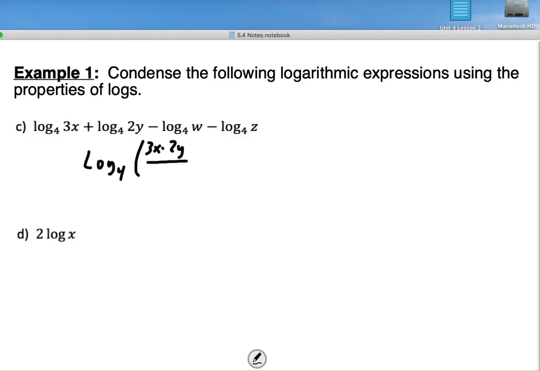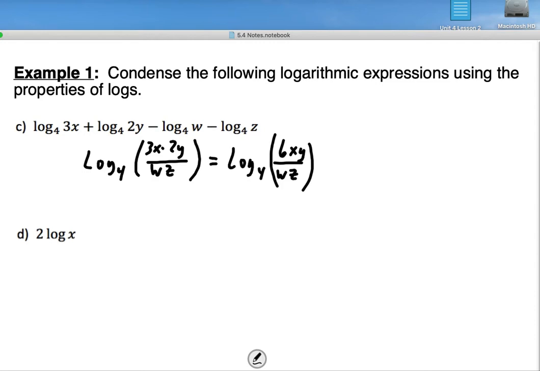And then down the denominator, it's a minus log base 4 of w and a minus log base 4 of z, so both w and z go in the denominator. Now I'm just going to simplify this a little bit. I'm going to multiply 3 times 2, there's 6, in the numerator. And that's as far as I can simplify it.